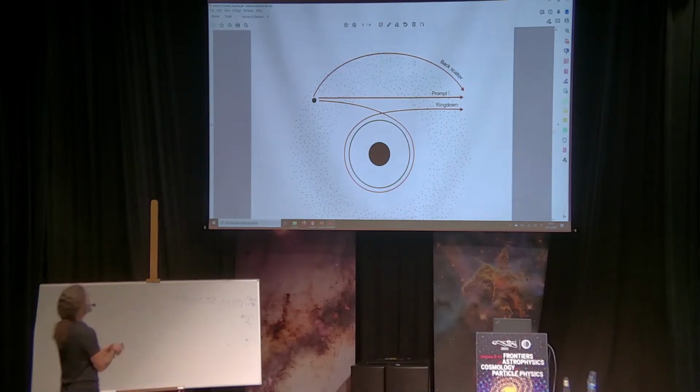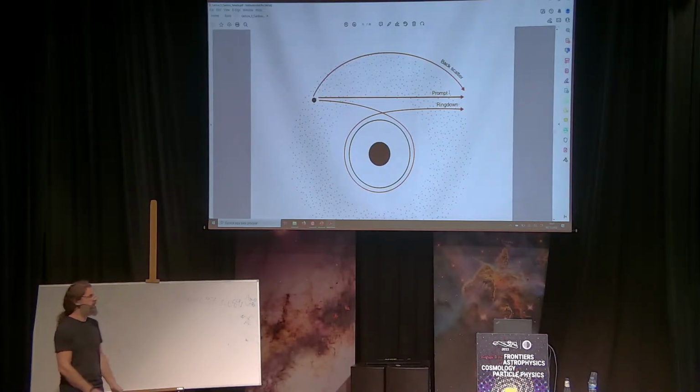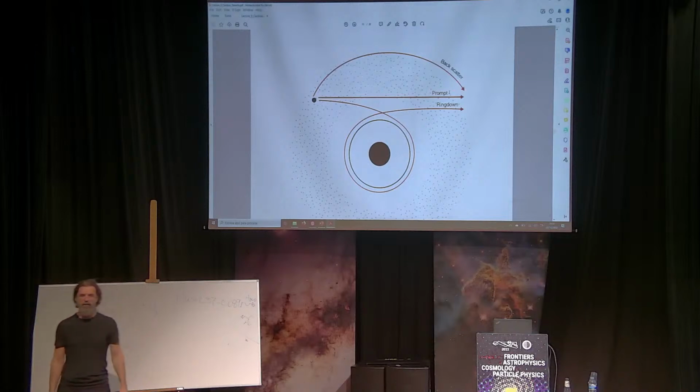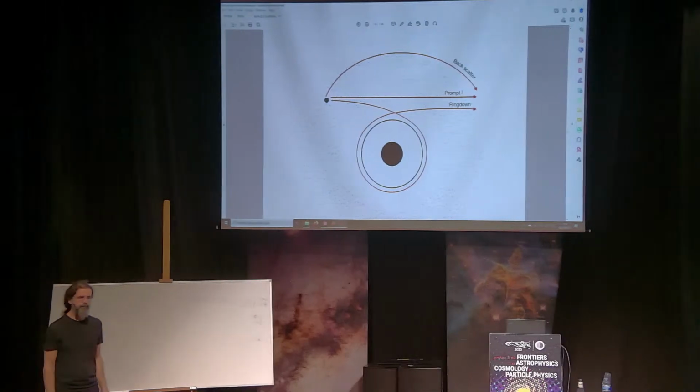So there you go. You throw your marker down the black hole. There's some prompt radiation, stuff that seems to travel on the light cone. So if LIGO, your detector, sits here, it's going to start seeing something that came directly from the object.